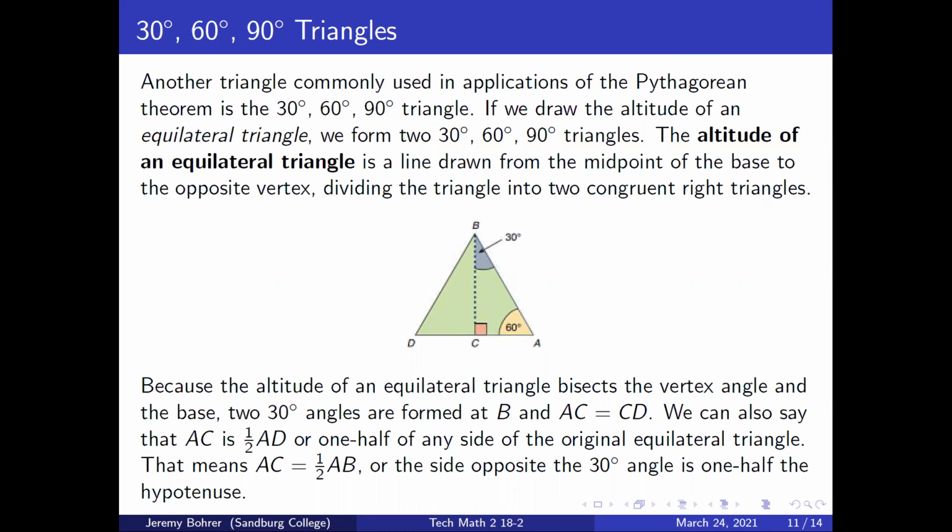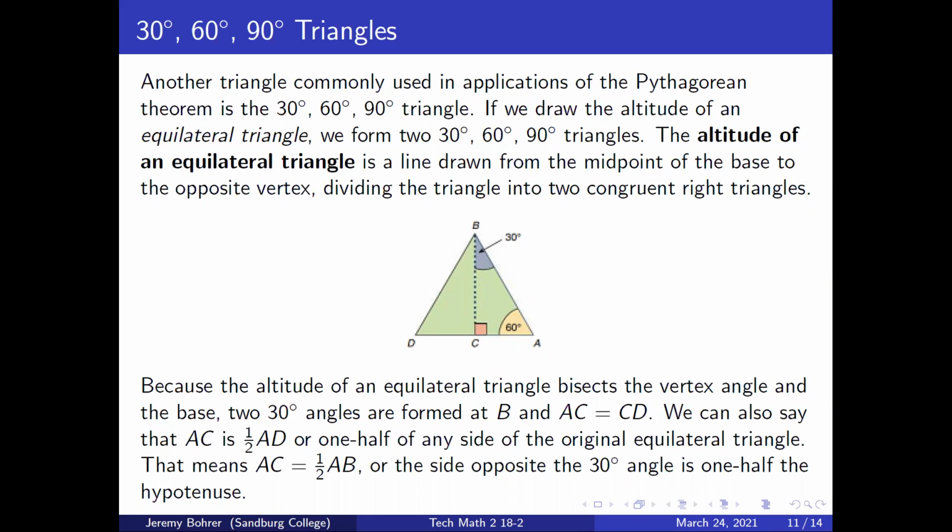Another triangle commonly used in applications of the Pythagorean theorem is the 30, 60, 90 triangle. If we draw the altitude of an equilateral triangle, we form two 30, 60, 90 triangles. The altitude of an equilateral triangle is a line drawn from the midpoint of the base to the opposite vertex, dividing the triangle into two congruent right triangles.